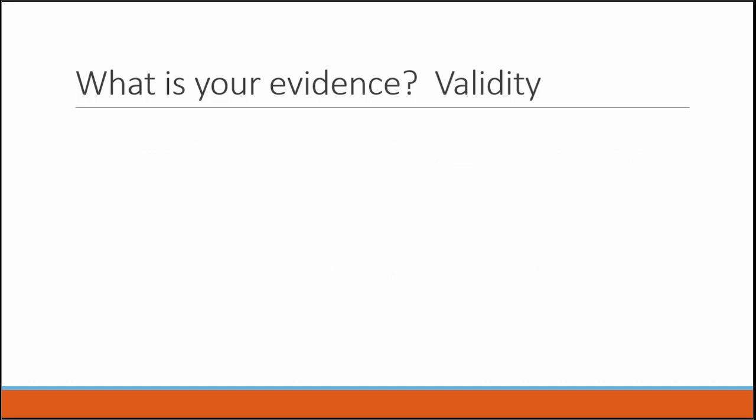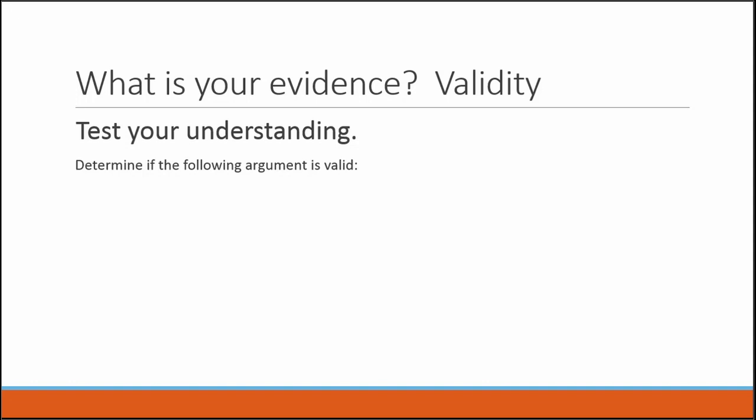Okay, so again, this concept of validity is super, super important for the whole rest of class, so let's test our understanding. I want you to determine if the following argument is valid. First premise, all squares have 4 sides.